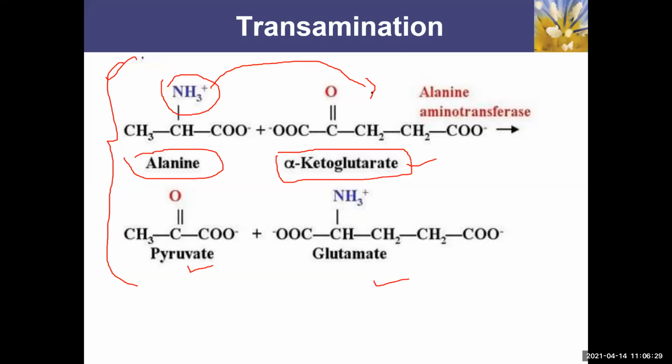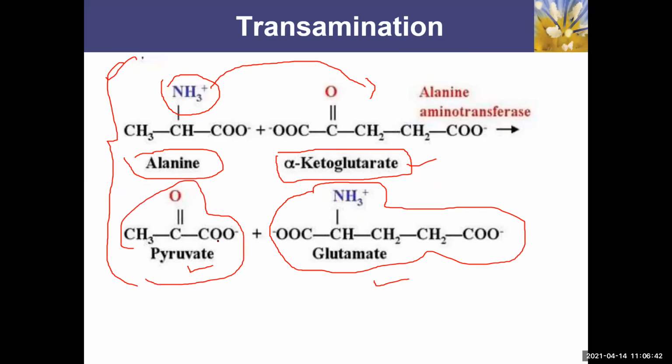Is it clear? So this was a new amino acid which was created by this transamination. We not only have the intermediate produced, we gave this amino group to the alpha ketoglutarate and it produced a new amino acid called glutamate over here, right?